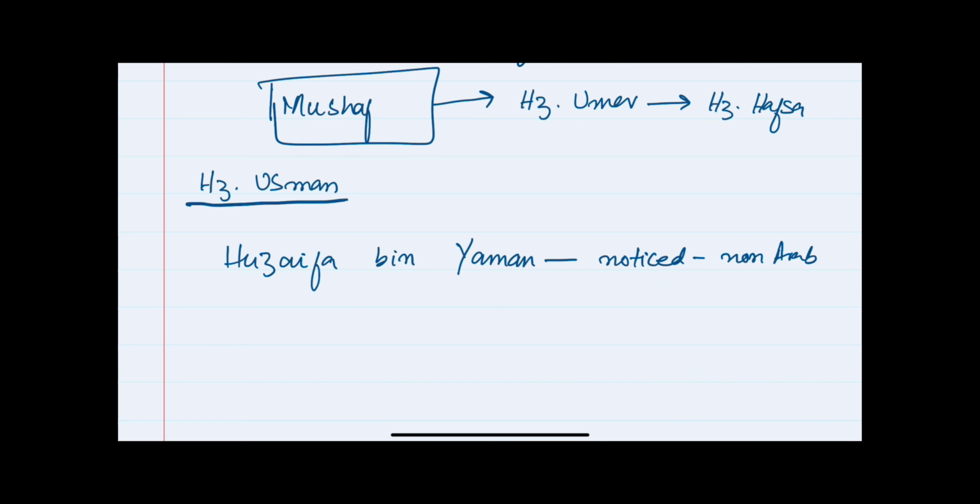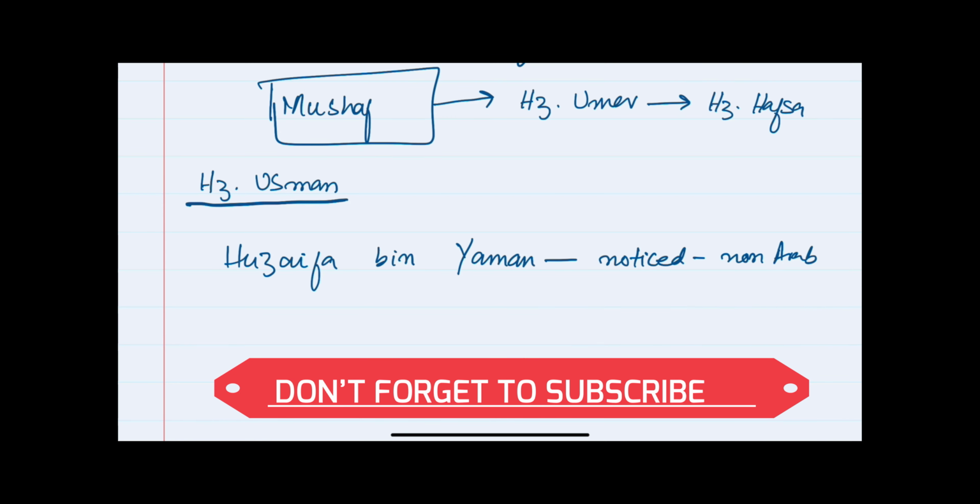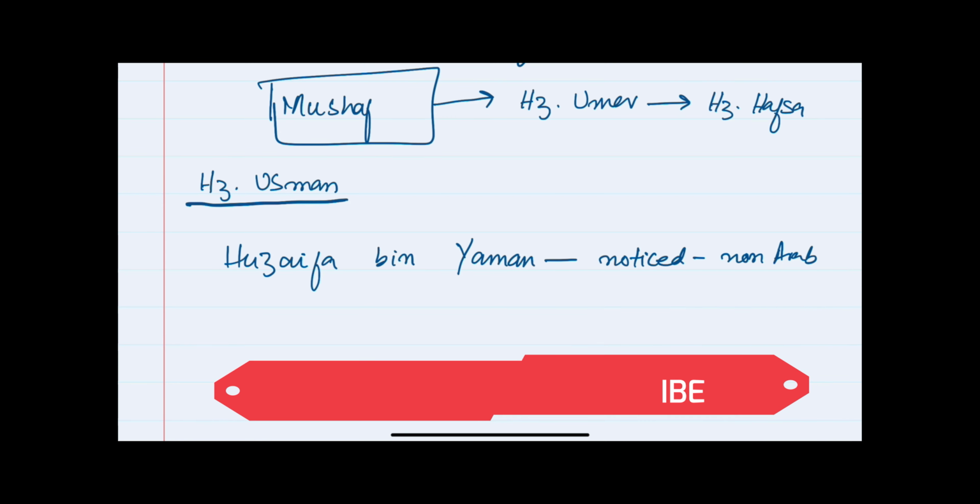It could have lost the real meaning of the Quran. So Huzaifa reported this to Hazrat Usman, and said: quick, help the Muslims before they differ about their texts, like the Jews and Christians differed about their scriptures.